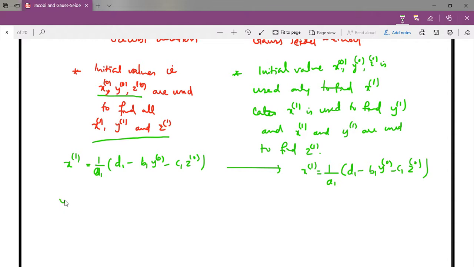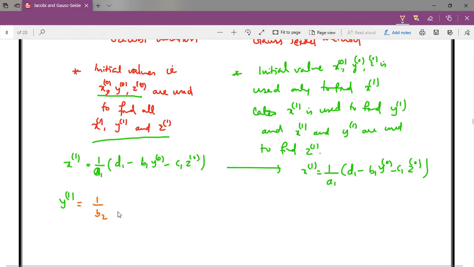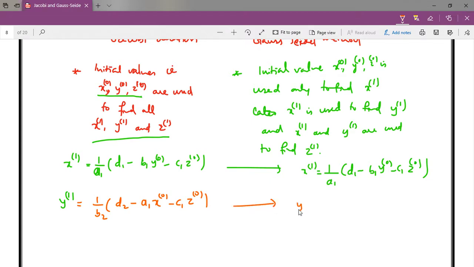Okay. So now to find y1, we have 1 by b2 into d2 minus a2 x0, here we are using x0, okay, minus c2 z0. But here in Gauss Seidel, to find y1 we are making use of this latest root.